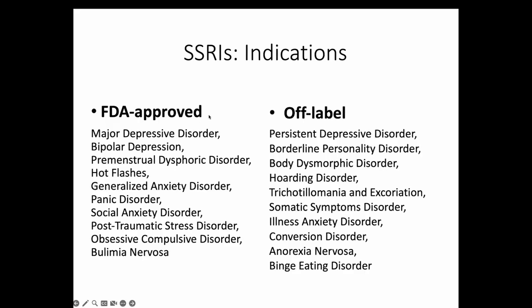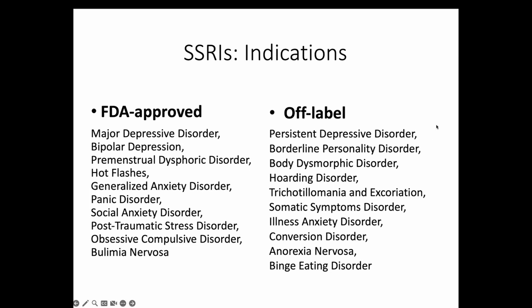Right. Basically, FDA approved means that there has been a study with certain standards, and the FDA imposes certain regulations for clinical trials. FDA approval means that the studies have met those requirements and have shown effectiveness, so the FDA approves that medication for that specific indication.